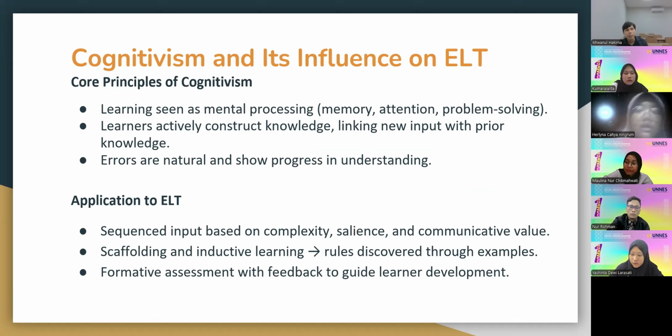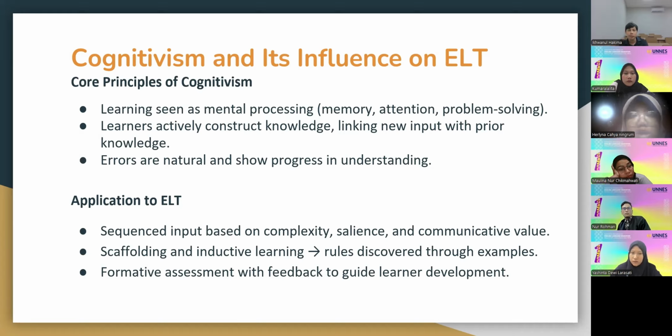Next, I will present about cognitivism and its influence on ELT. Cognitivism marks a paradigm shift from external behavior to internal mental processes. It views learning as an active, goal-directed cognitive activity involving attention, memory, reasoning, and problem-solving.